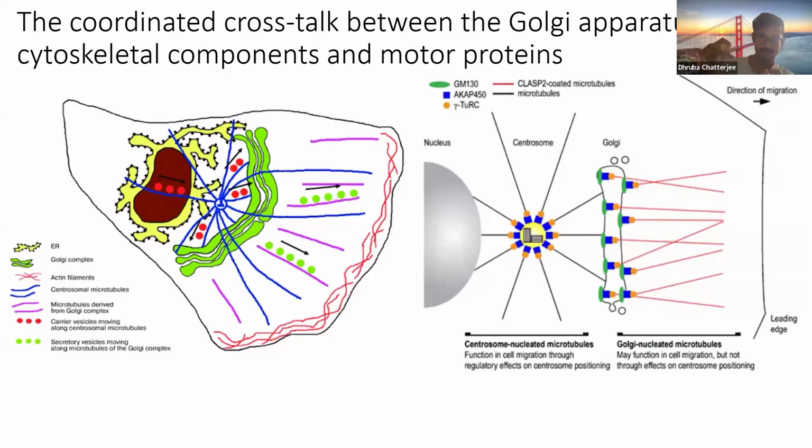Not only in the transport of vesicles, for example from the endoplasmic reticulum to the Golgi apparatus, or in between the different cisternae of the Golgi apparatus, or in the transport of vesicles from the Golgi apparatus to the downstream subcellular compartments, like lysosomes, plasma membrane, peroxisomes, late endosomes, autophagosomes, etc.